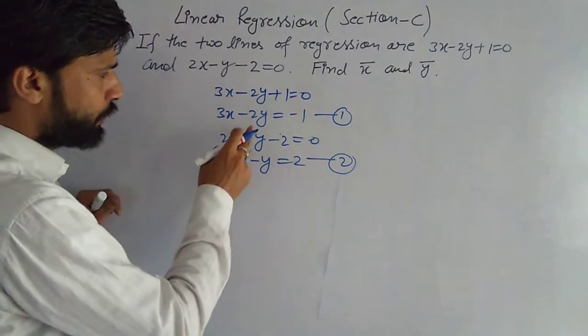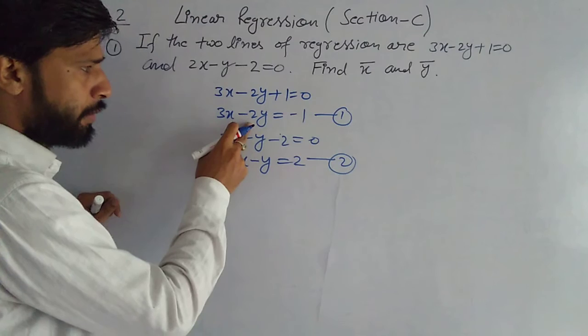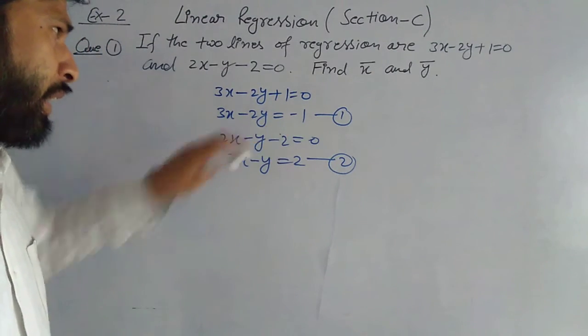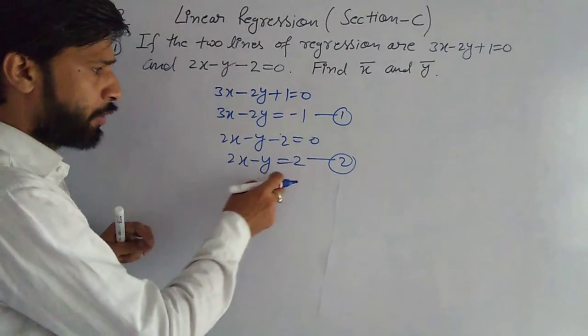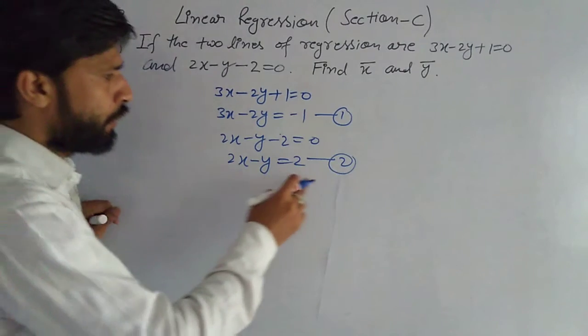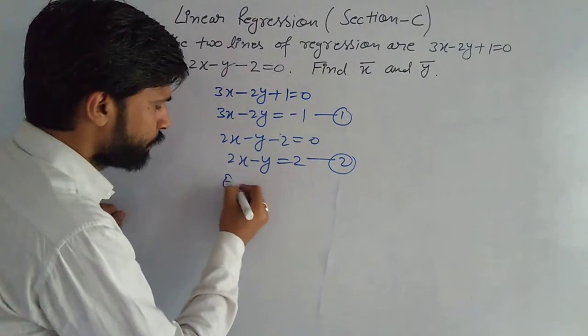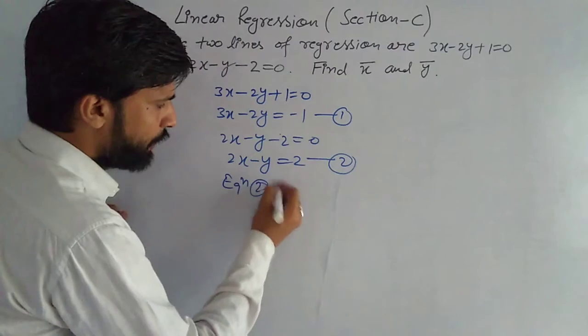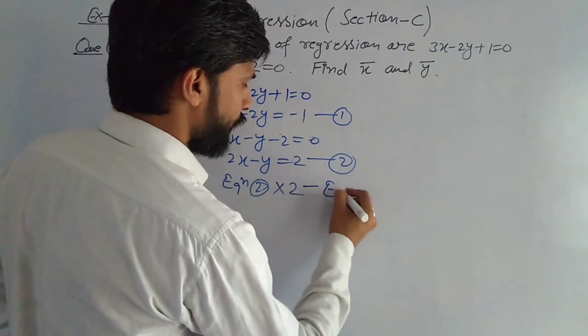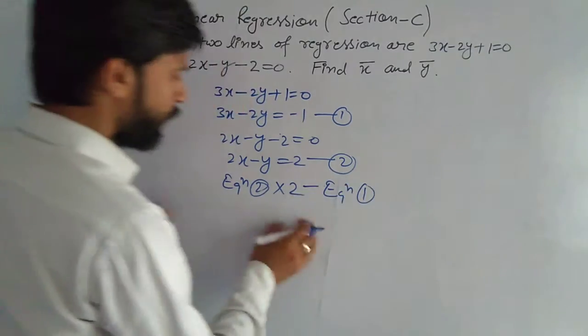Now look here, in equation 1 the coefficient of y is minus 2 and in equation 2 the coefficient of y is minus 1. Now we multiply equation 2 by 2 and subtract equation 1 from the result.